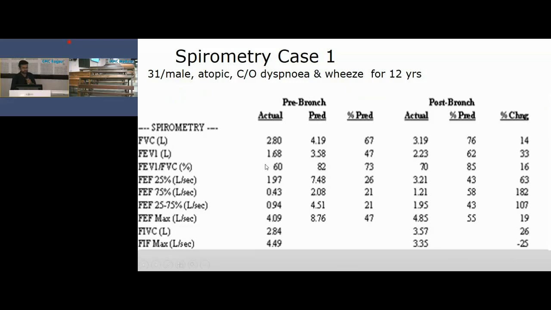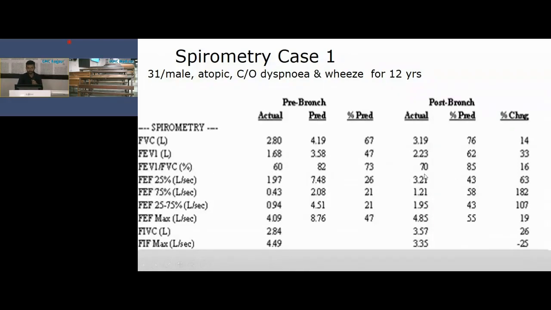As we already discussed in previous slides, first of all we look for the FEV1 by FVC ratio. It should be more than 0.7 or more than 80% of predicted. Then we look for FVC and FEV1. In this graph, mostly we check the values of post bronchodilation.